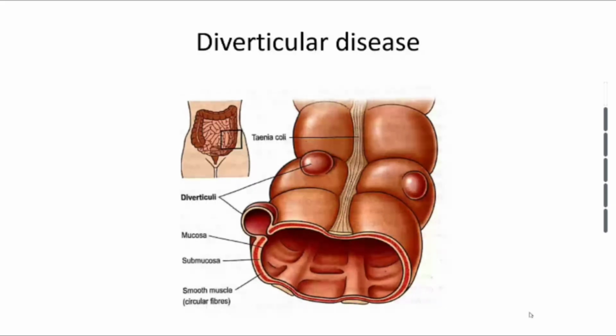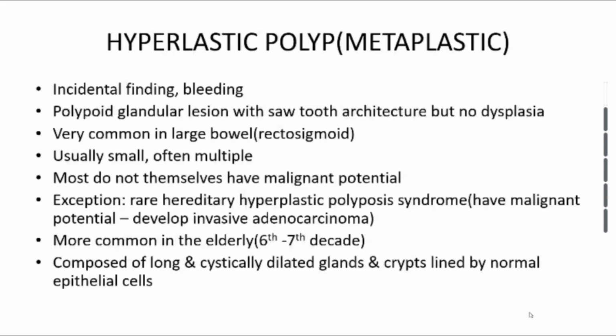Then we have polyps. If these polyps are not well controlled, mostly in the large intestine, they can lead to colon cancer. You can have a polyp we call hyperplastic. Usually most of these polyps will be an incidental finding, or somebody can come with bleeding, and when they do colonoscopy, they find that there are polyps.